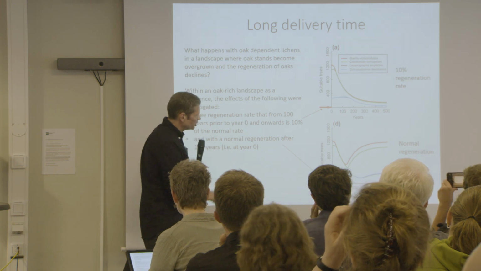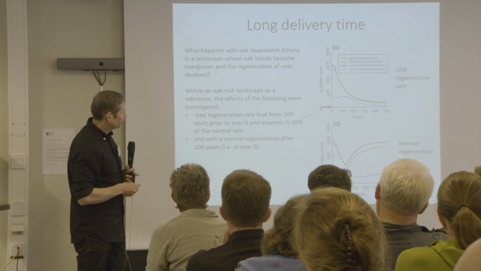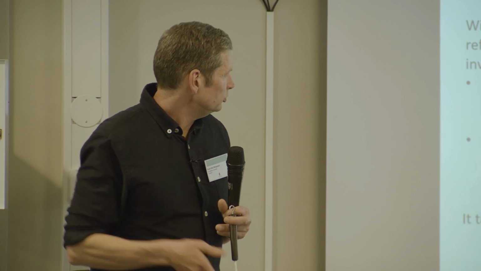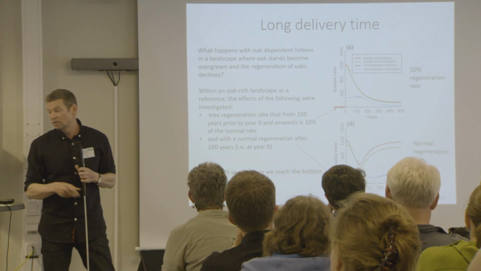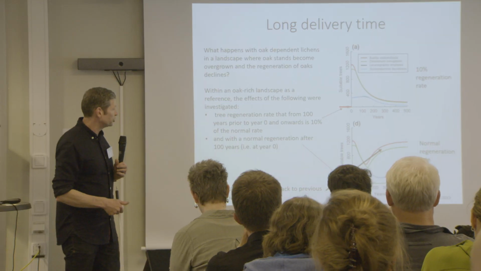Let's say we fix this to a normal regeneration rate again. What happens then? Well, it takes some time. It takes 100 years before we reach the bottom for many species, and it takes approximately 300 years to come back to previous distribution.